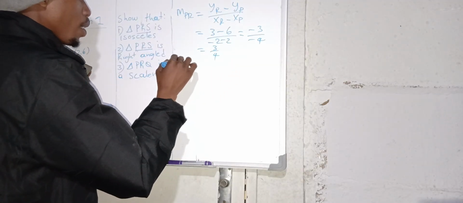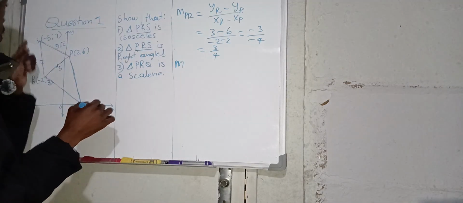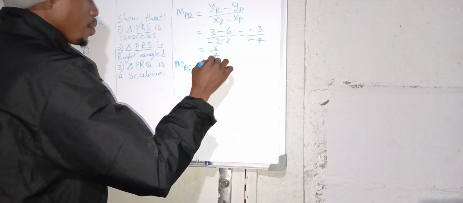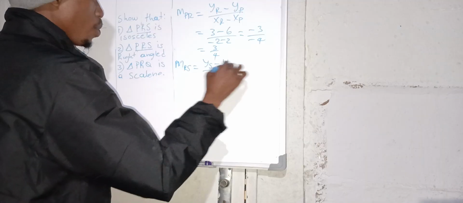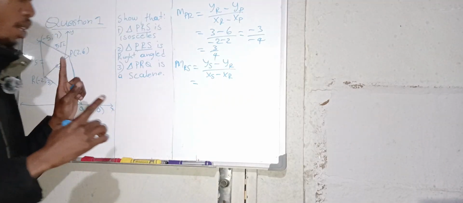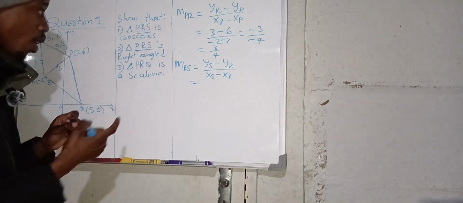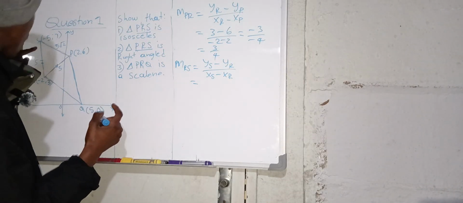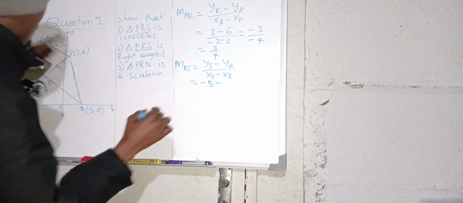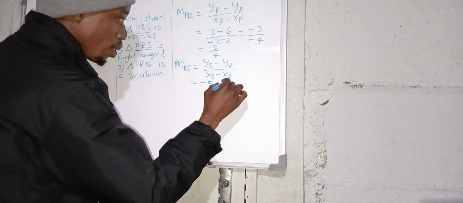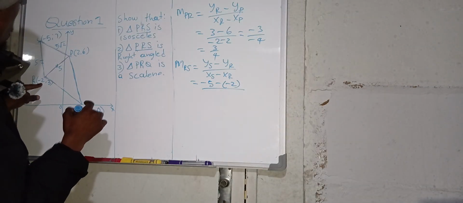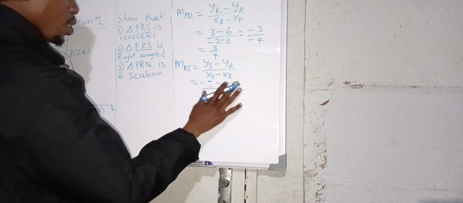And then I'm going to find the gradient of line RS: YS minus YR all over XS minus XR. Now, what is it that we're going to do? What is my YS?